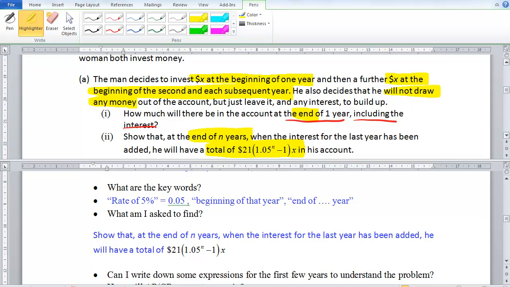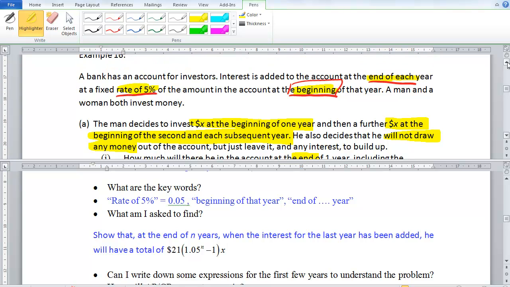So what are the keywords? When we analyze the first part of the question, we know that there's a rate of 5% for the interest, and the interest is always given at the end of each year. Right?